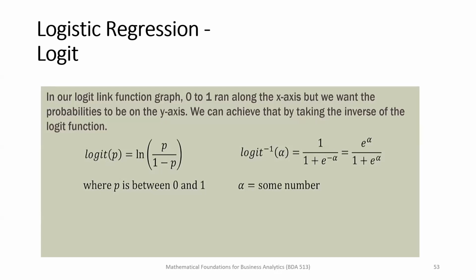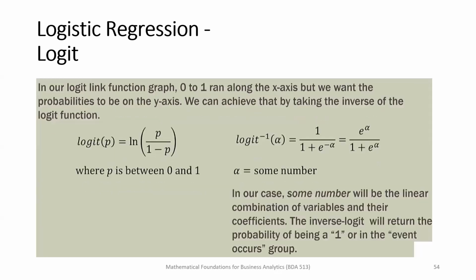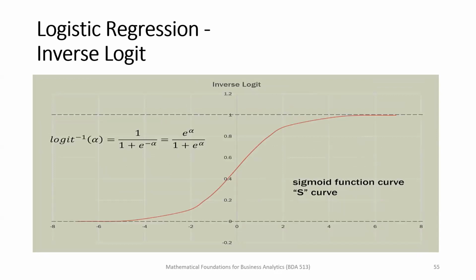It's a constant. So when we turn it the other way around, when you find the inverse of this, it becomes Euler raised to the power alpha over 1 plus Euler raised to the power alpha.